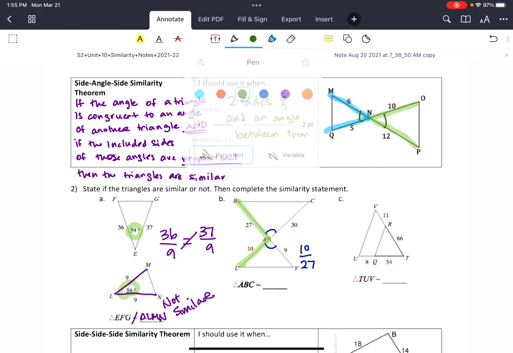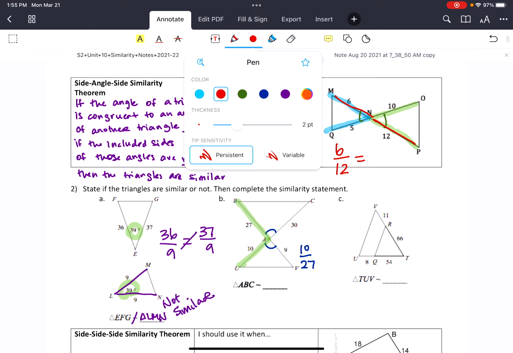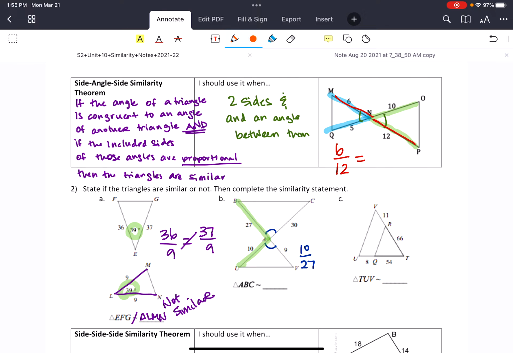So what happens if I match the 6 and the 12? I'm sure some of you noticed this. So I have a proportion that's 6 over 12. And then on the other side I'm going to match the 5 with the 10. Are those two the same? Yes, those are both 1/2.